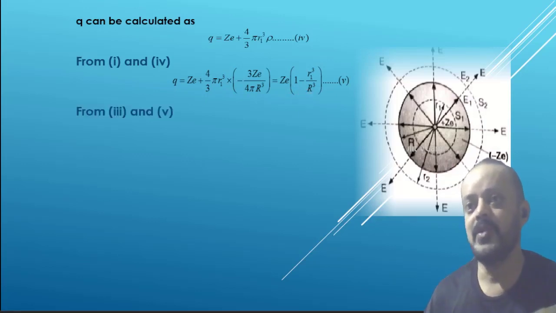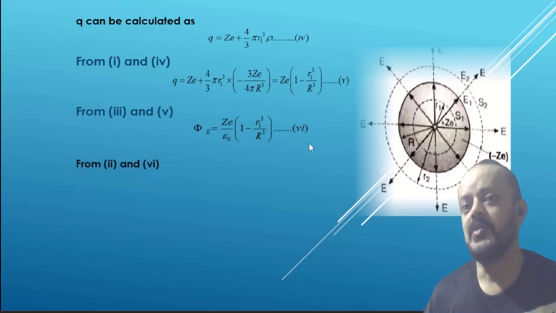Now we will substitute this value in equation 3. So we get phi E is equal to Ze divided by epsilon naught in bracket 1 minus R1 cube divided by capital R cube. Let this be equation 6. Now we will substitute this value from equation 6 into equation 2.